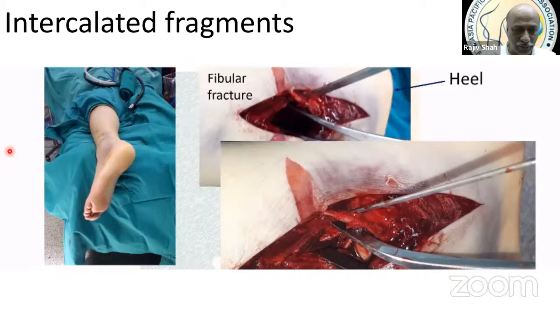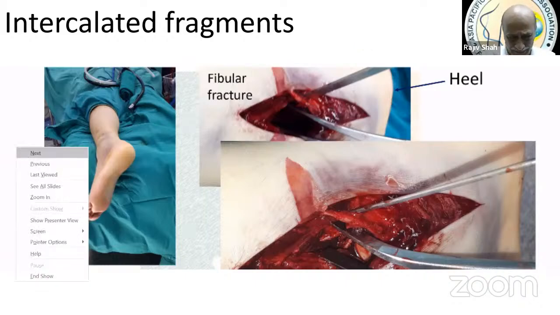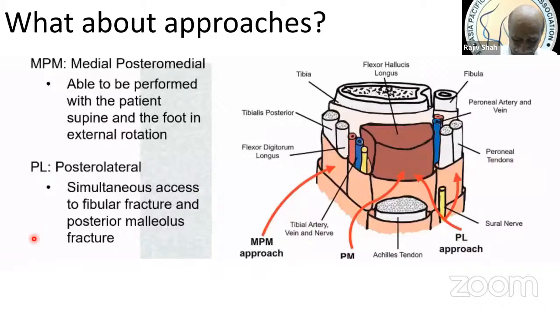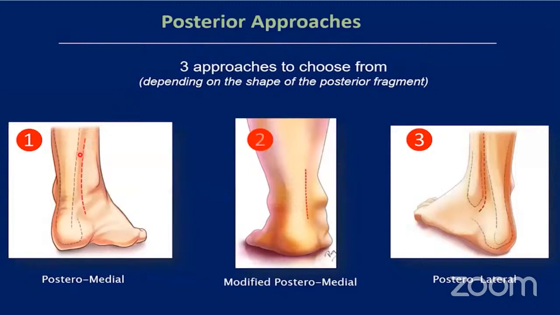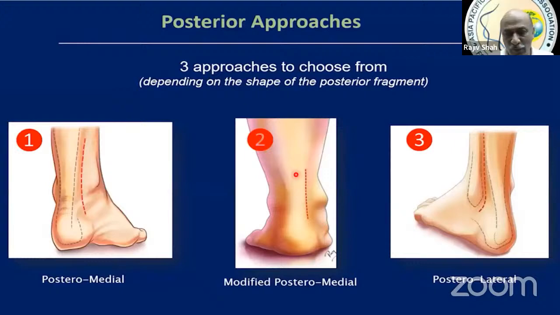So when you have a posterolateral and posteromedial variety of posterior malleolus, you do this approach. This article showed that we all know posteromedial. In fact, I showed you the video of that approach, which I took during my surgery. This is modified posteromedial, and this is posterolateral.